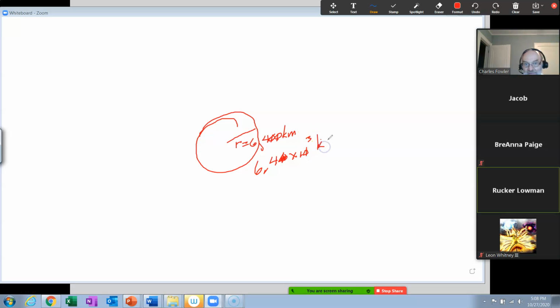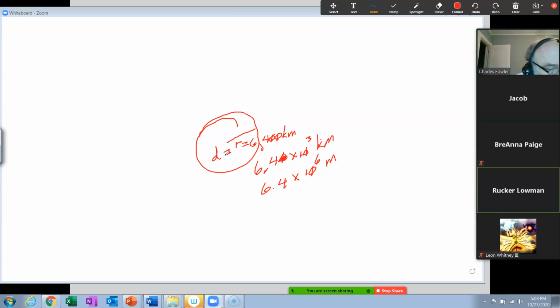But a kilometer is 10 to the third meters, so this would be 6.4 times 10 to the third times 10 to the third, which is 10 to the sixth meters. 6.4 million meters from the center of the Earth to the surface of the Earth. That's your radius, what we have been calling the distance. So hang on to that thought.